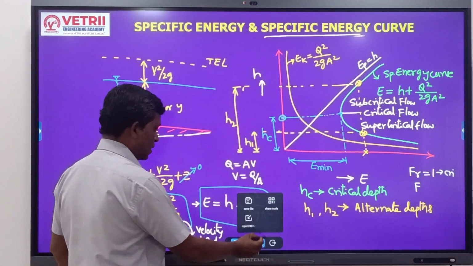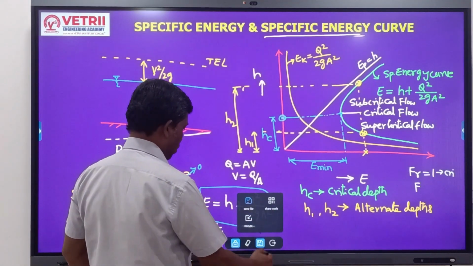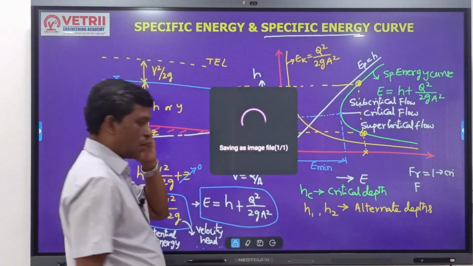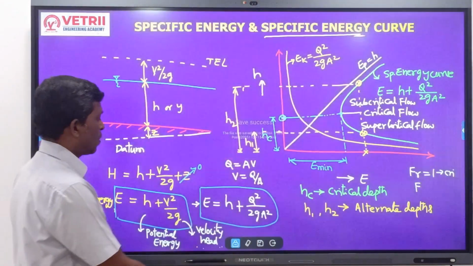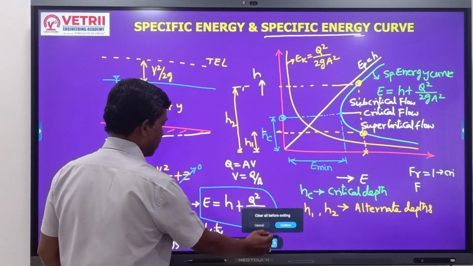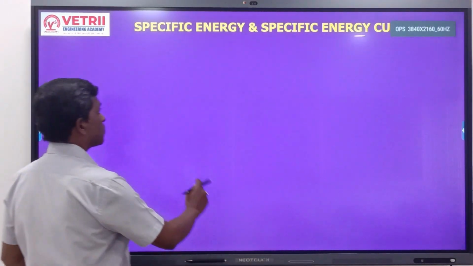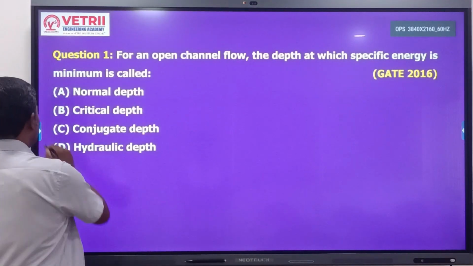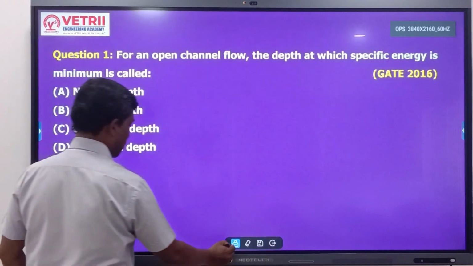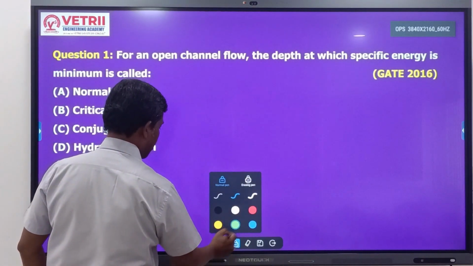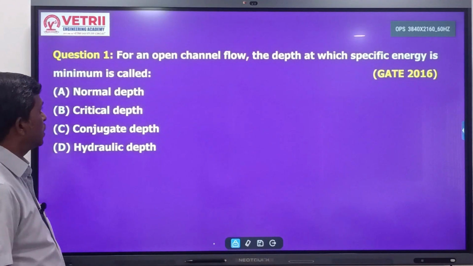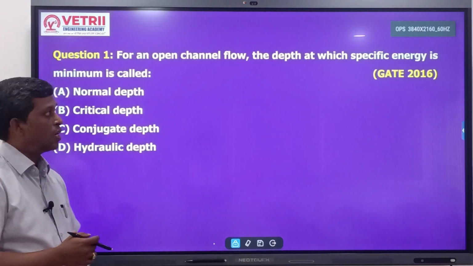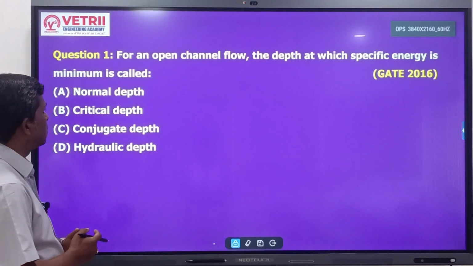Now let us see a few questions asked in competitive examinations on specific energy and the specific energy curve. See this question, GATE 2016: for an open channel flow, the depth at which specific energy is minimum.